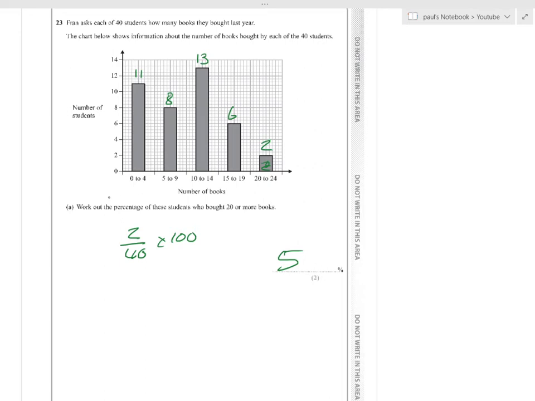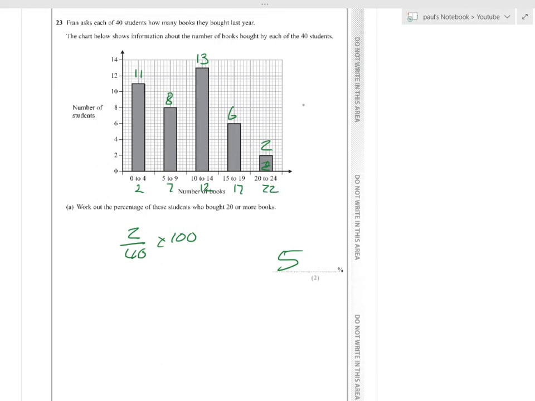Gonna have to use midpoints here, aren't we? And the midpoints are 0, 2, 7, 12, 17, and 22.